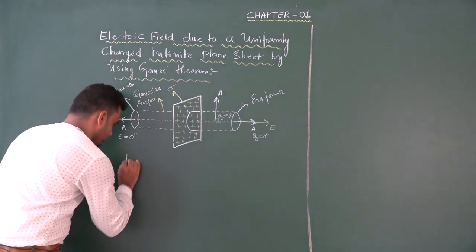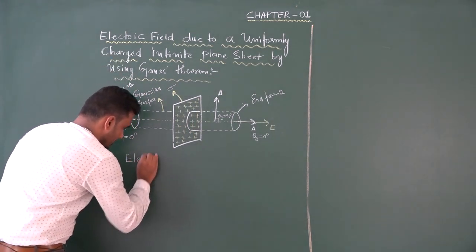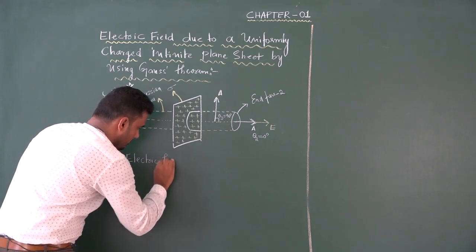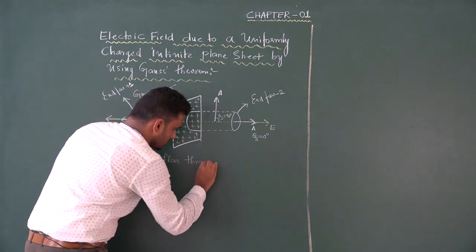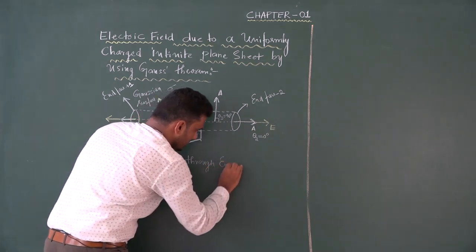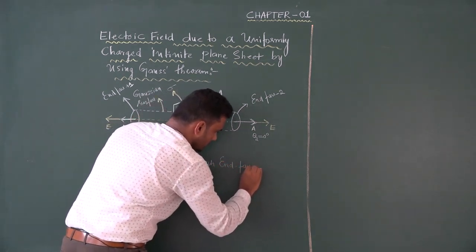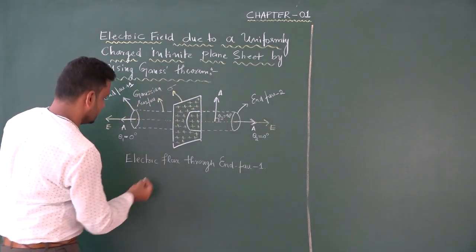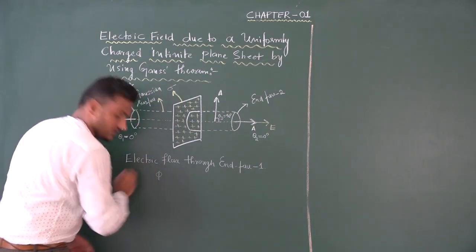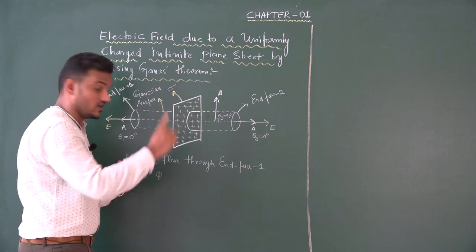First one, electric flux through end face 1. So what is the general equation? Phi is equal to EA cos theta.